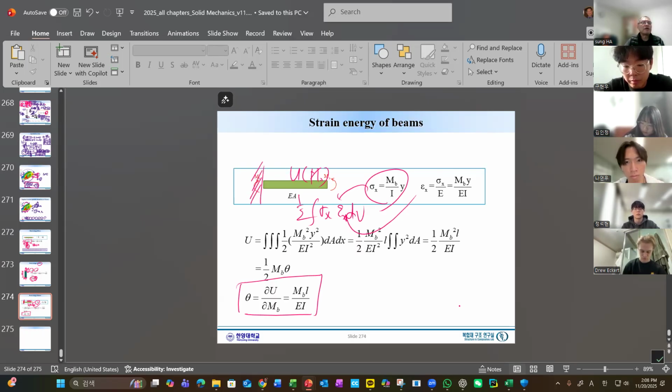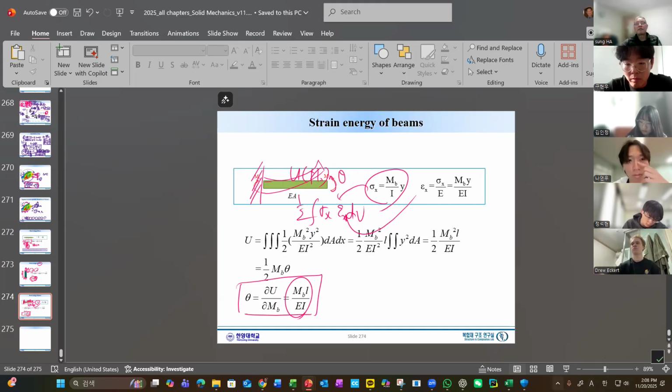With respect to here, how much moment we apply, how much it rotates, right? Then this theta is ML over EI. This is the equation we already know, by the way.